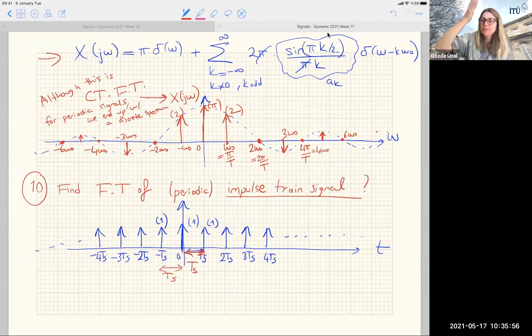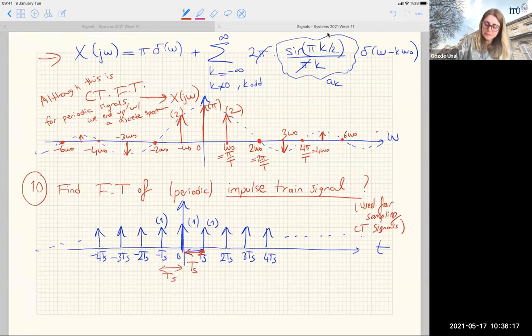It will sample every TS seconds, right? That really helps us in our mathematical modeling. We will see sampling of continuous time signals later in the coming weeks.